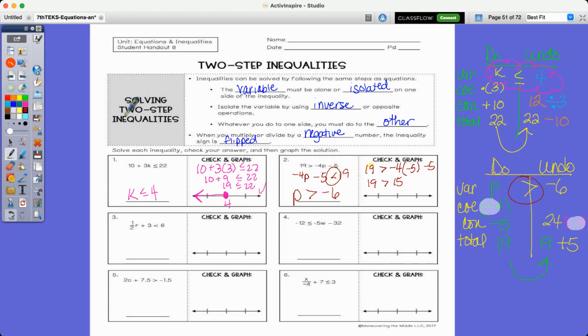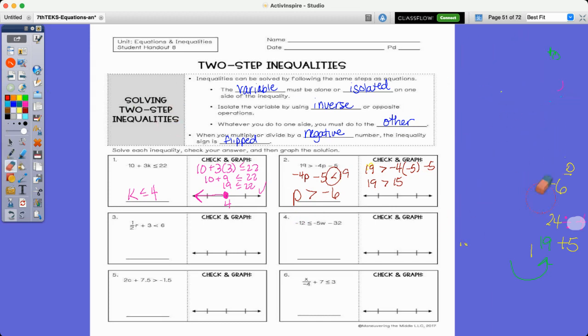Okay, let's do another one. Let me erase. Okay, let's try another one. It says 1/2 r plus 3 is greater than 6. Now the variable is on the left side, so we're going to do and undo. My variable is r, my coefficient is times 1/2, my constant is plus 3, and my total is 6.